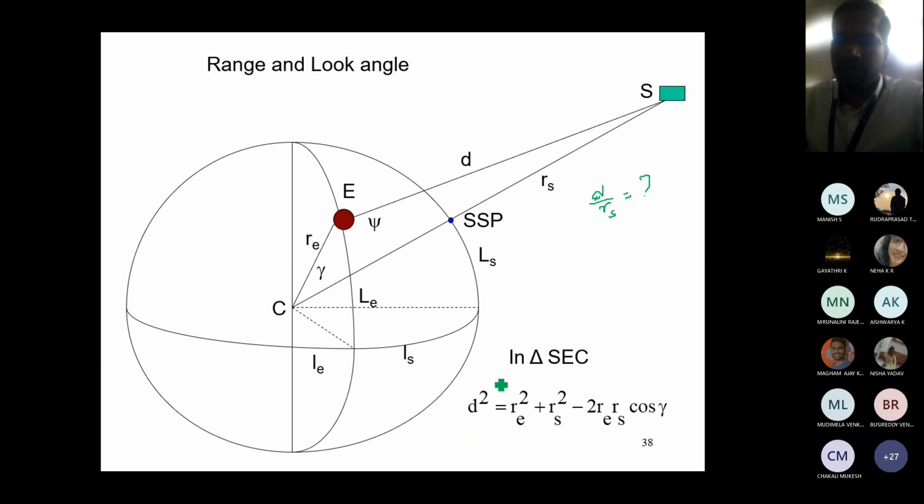Here the value of d square is given. So let me divide the left hand side by Rs square and the right hand side by Rs square.